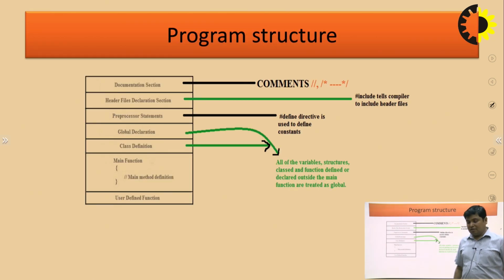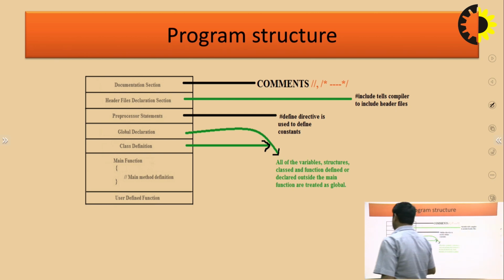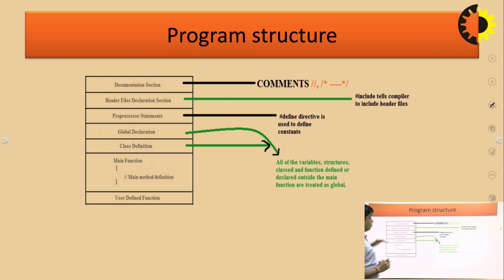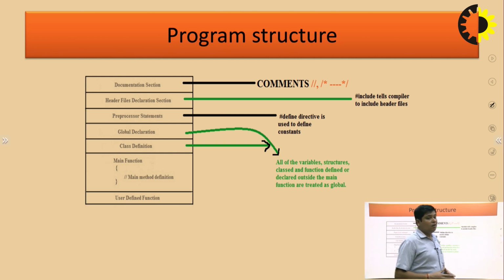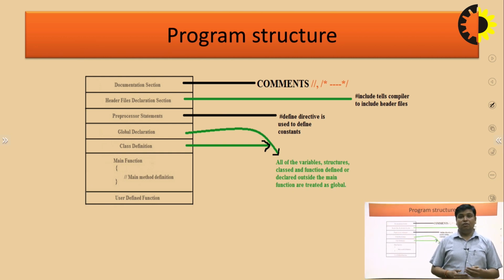Now this is the structure of our basic C++ program. You will see the topmost section is the documentation section. Documentation means the purpose of the program you are going to write.